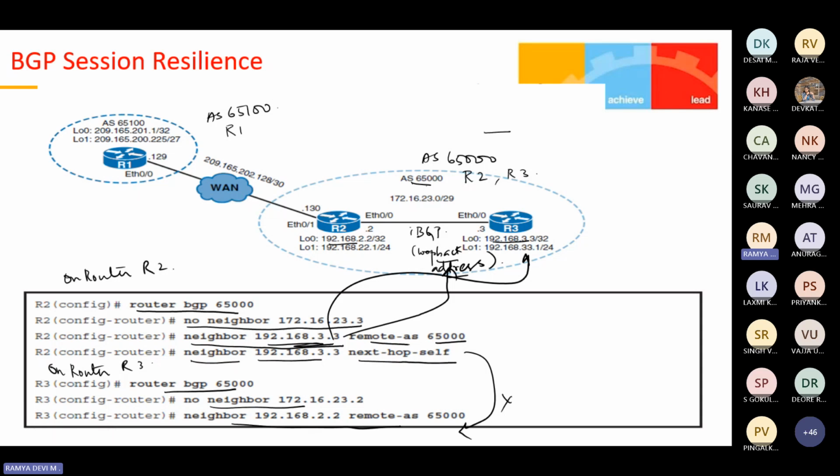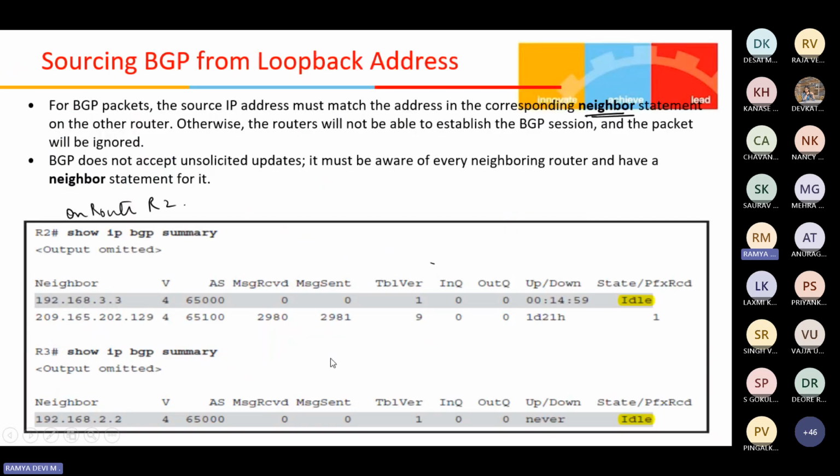So what is missing here? The neighbor 192, this is the neighbor. Instead of the physical IP address, we have to use the loopback address. That can be set with the help of the neighbor command. This is my neighbor.